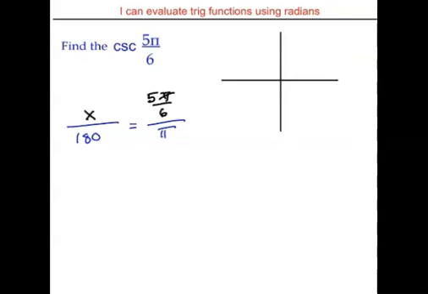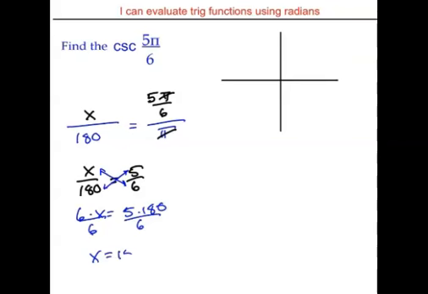So the pi's cross off, and I'm left with x over 180 equals 5 over 6. We can cross multiply, and we get 6 times x equals 5 times 180, divided by 6, and we get 150.